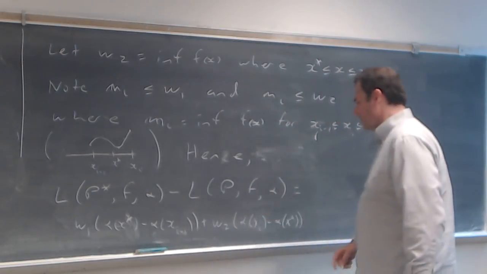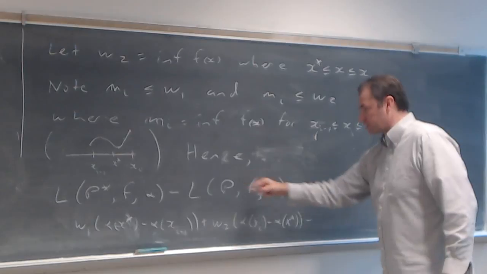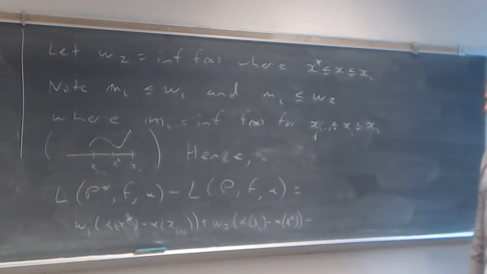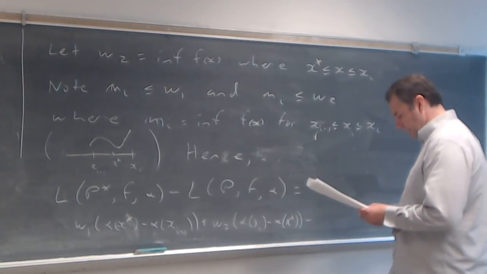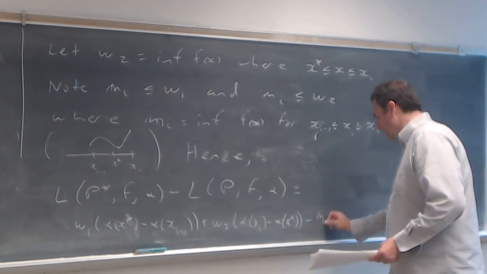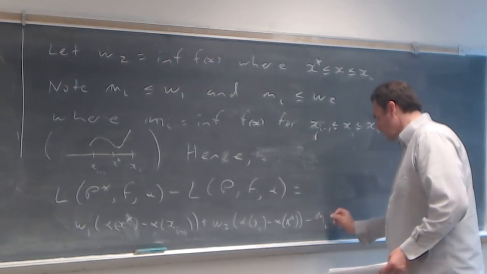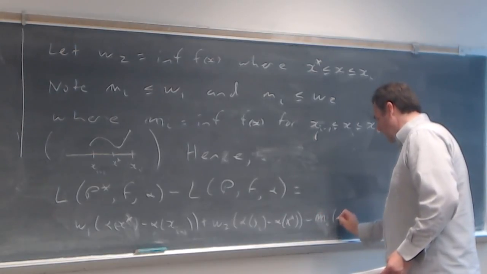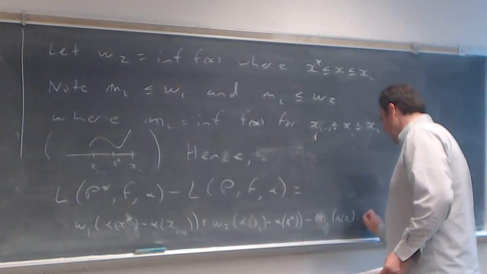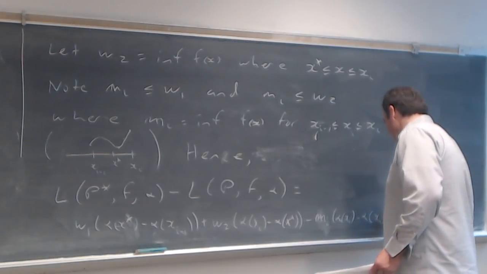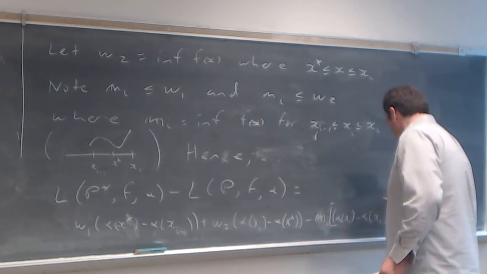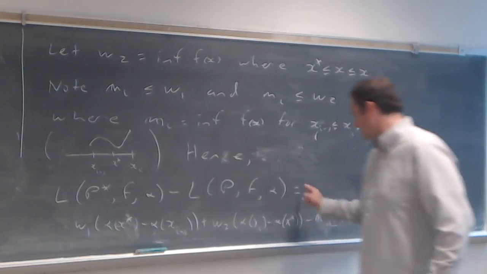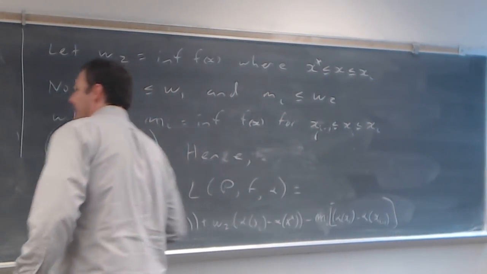And then from that, we subtract the part from the lower sum with respect to just P, which is m sub i times alpha of x sub i minus alpha of x sub i minus 1. That's what we'd have. So that's equal to this. We're going to expand that.